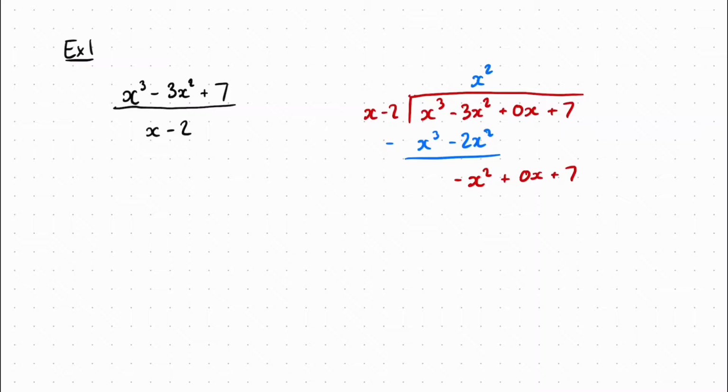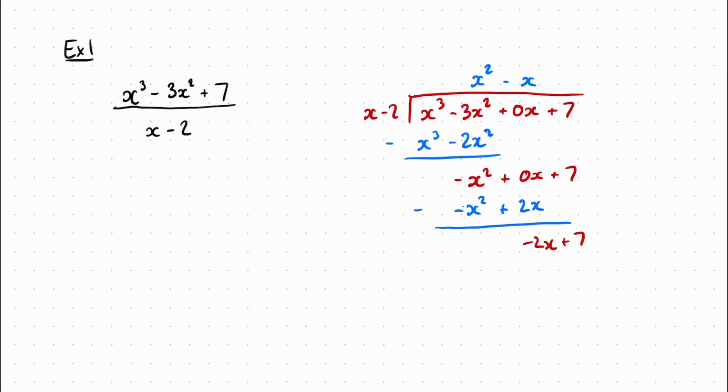Then what do we have to multiply x by to get minus x squared? That would be minus x, so we multiply through by minus x, giving minus x squared plus 2x, and we take that away. This is why we put the 0x in, because now minus x squared minus minus x squared gives you nothing, and we've got our 0x minus 2x giving us minus 2x, plus 7.